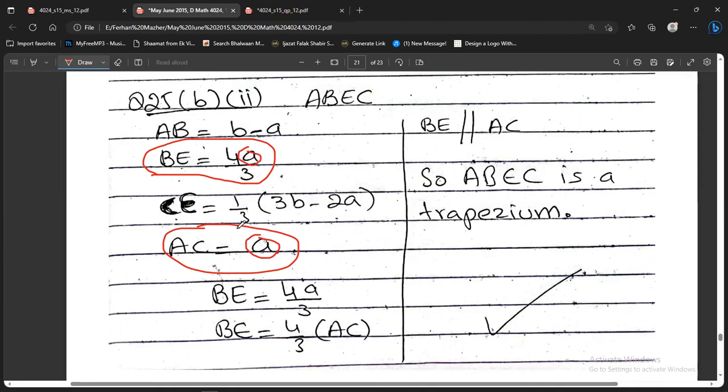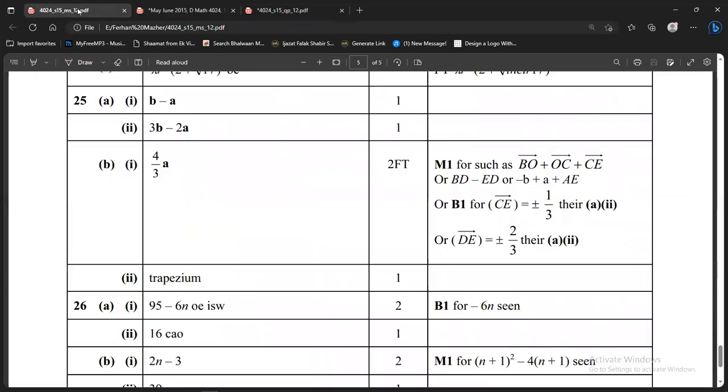This shows that these two are parallel to each other. Because BE is 4 by 3 A, and A is AC, so BE is equal to 4 by 3 of the AC, which means BE side is parallel to the AC side. So it's a quadrilateral whose two sides are parallel to each other, two sides are non-parallel to each other. So that means that it's a trapezium. So the ABEC is a trapezium. It's a trapezium, sir.